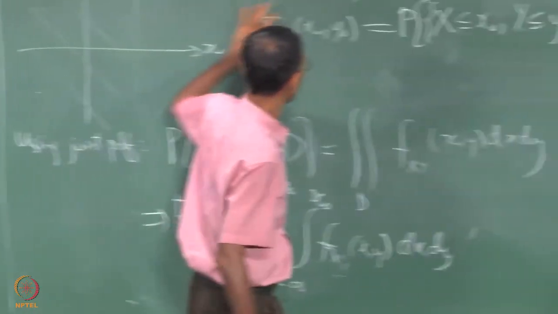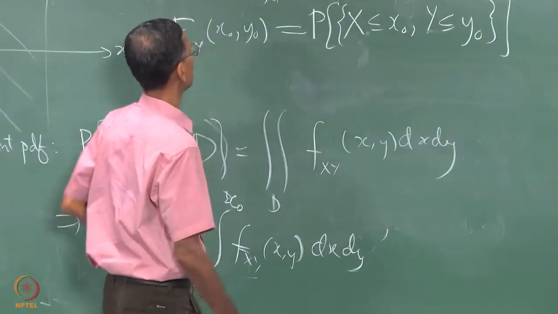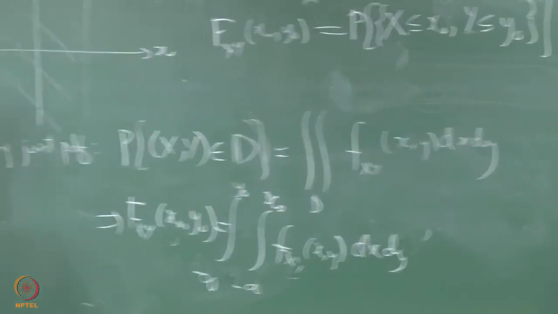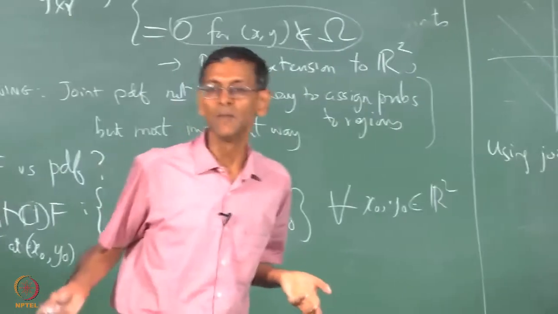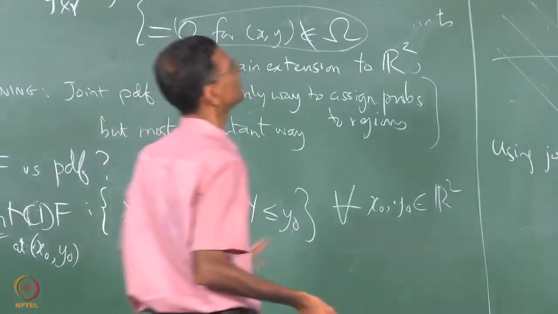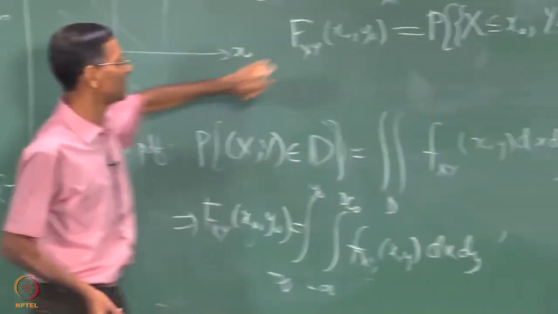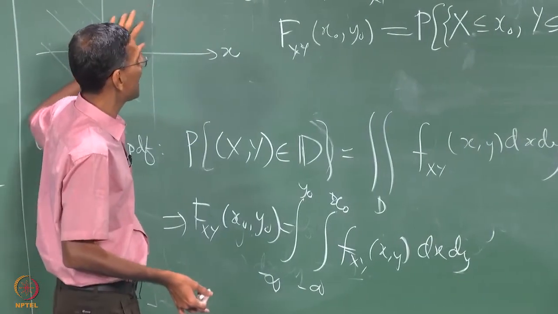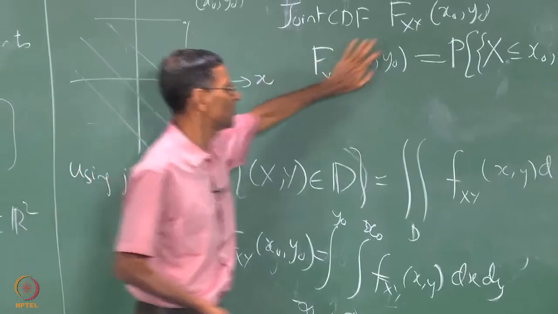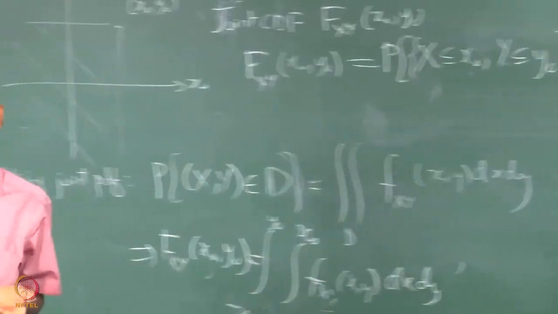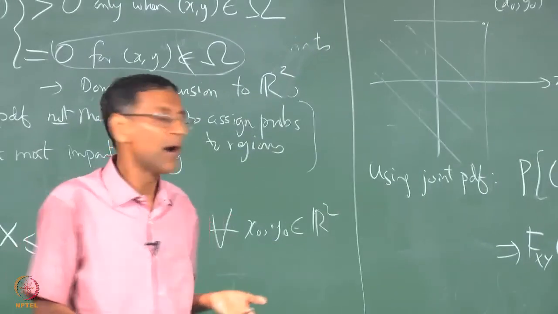So it turns out that specifying this joint CDF directly is in general a very cumbersome business, especially since it has to have certain properties. For example, it has to be non-decreasing in both arguments.